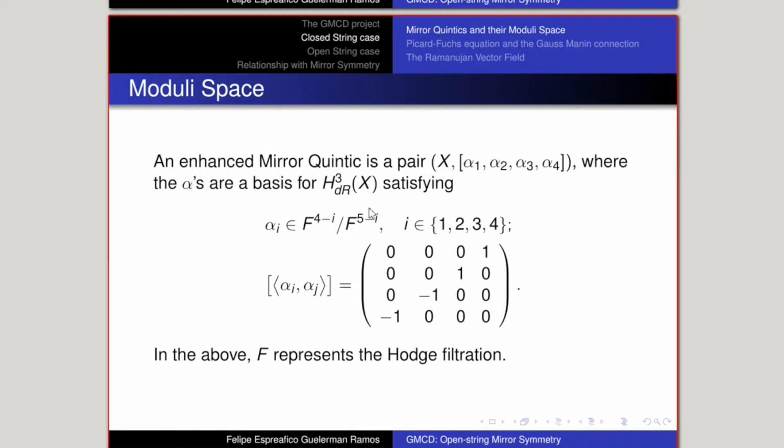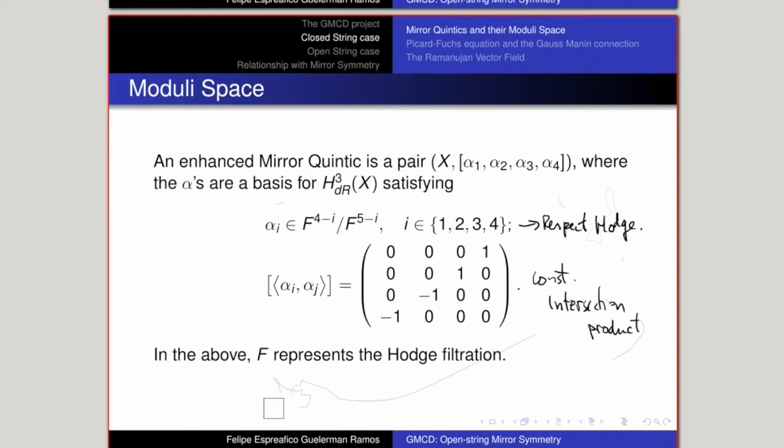The elements of the basis should respect the Hodge filtration, and also they should have constant intersection product.